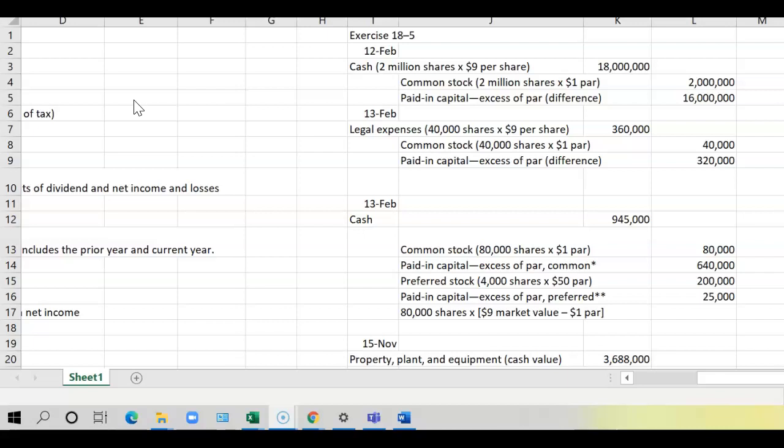The difference between the $9 per share less the dollar that was used to record the common stock par value would be $640,000.